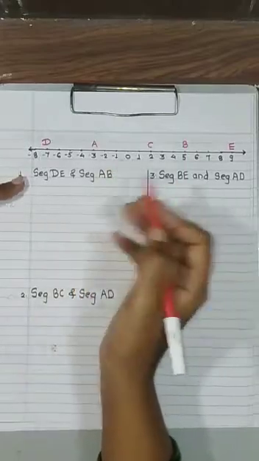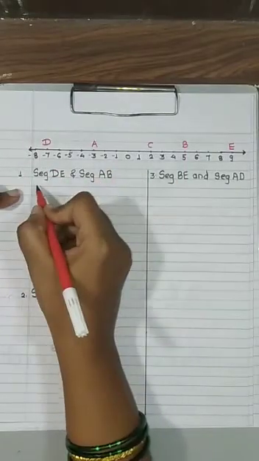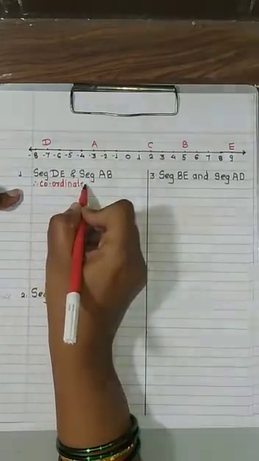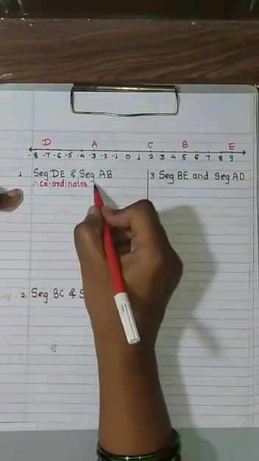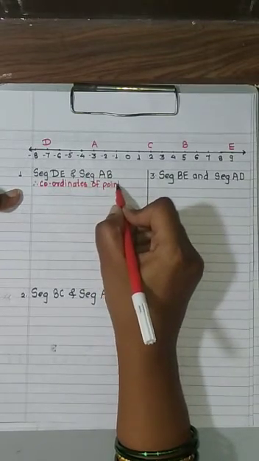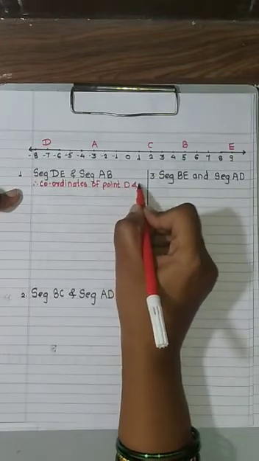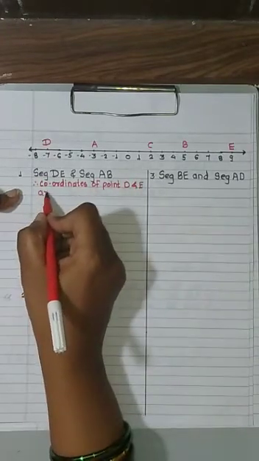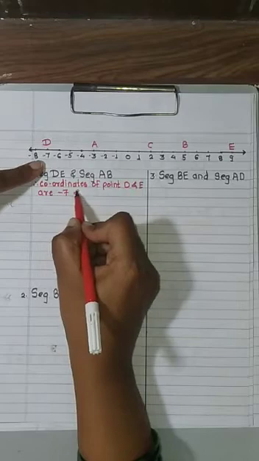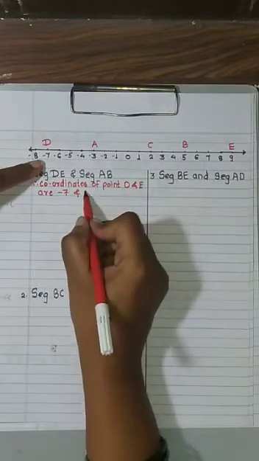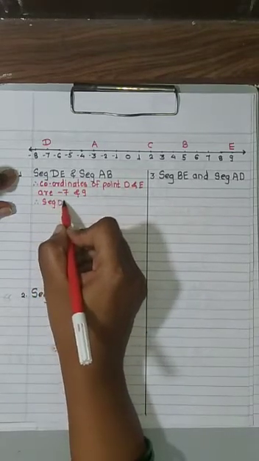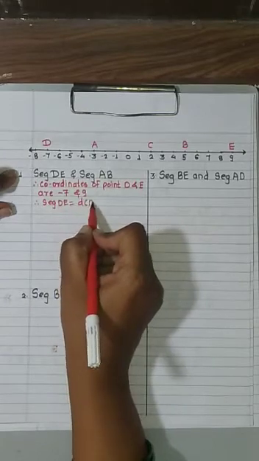Now children, we'll write down the coordinates of D and E. Therefore, coordinates of point D and E are, now what is D? D is -7 and E is 9. Therefore segment DE is equal to distance DE.